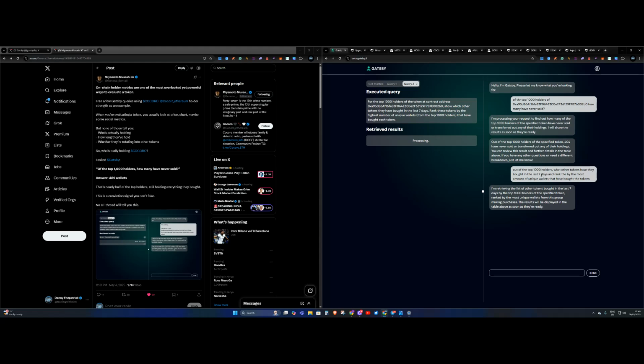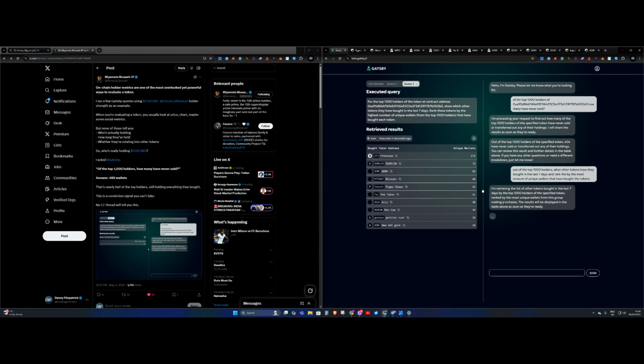So hopefully it should give me a list of tokens, and then how many of these top 1,000 wallets have bought those tokens, and obviously rank them in the order of the ones that the most amount of the wallets have bought. So yeah, like I said, this is a little bit more of a complex query, so this may take a little bit longer to process, but we will just wait and see what it comes up with.